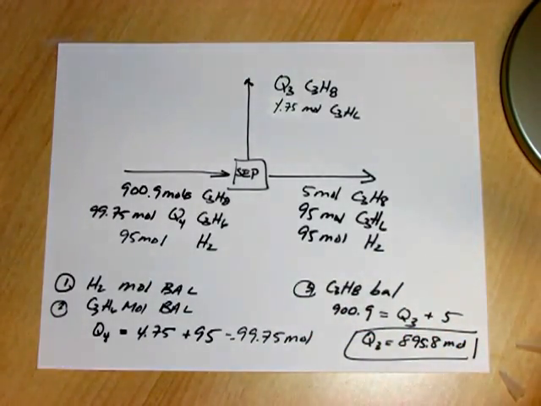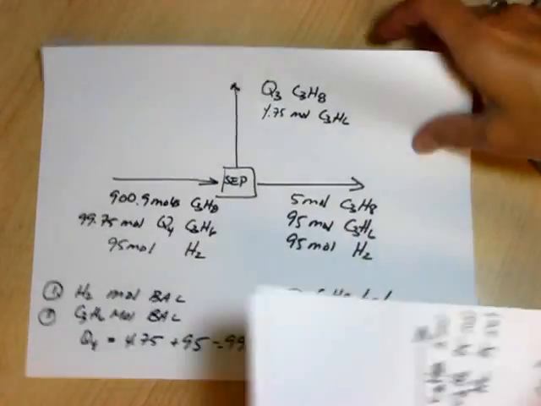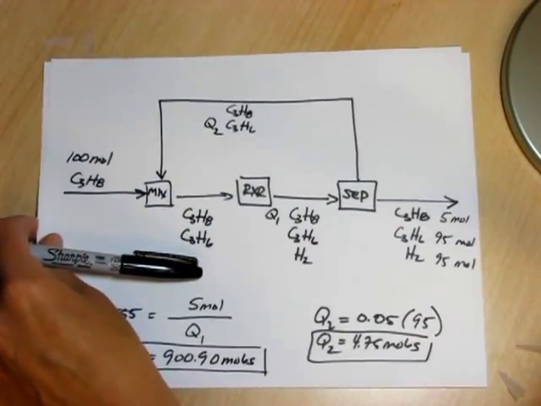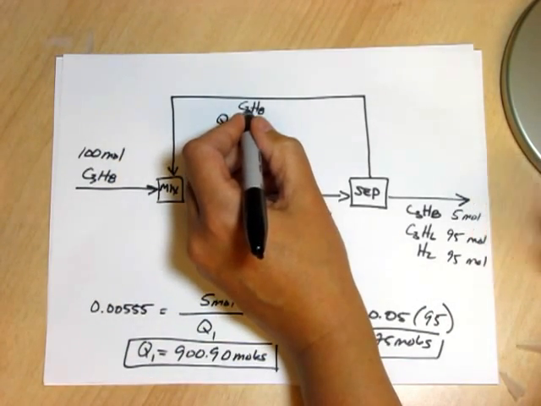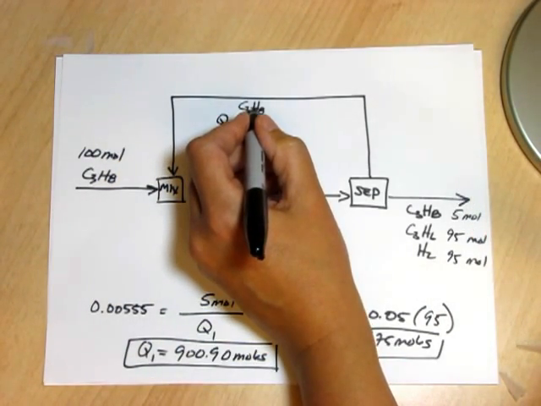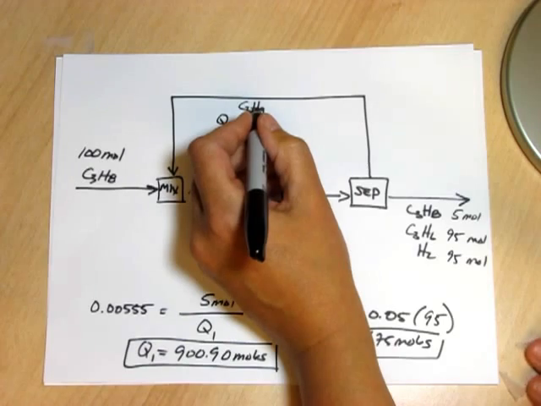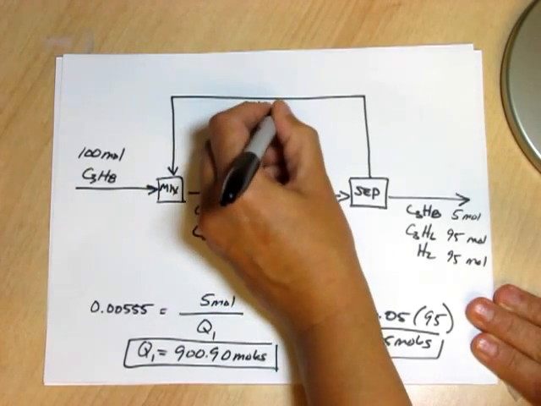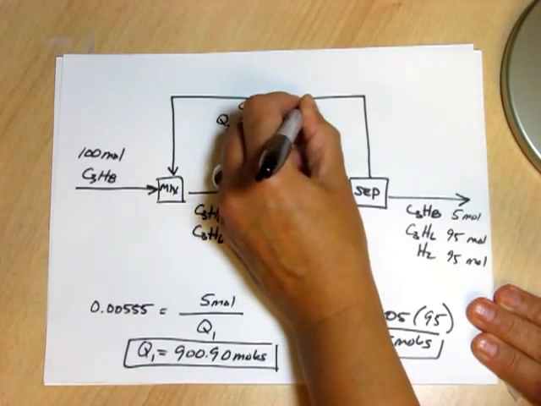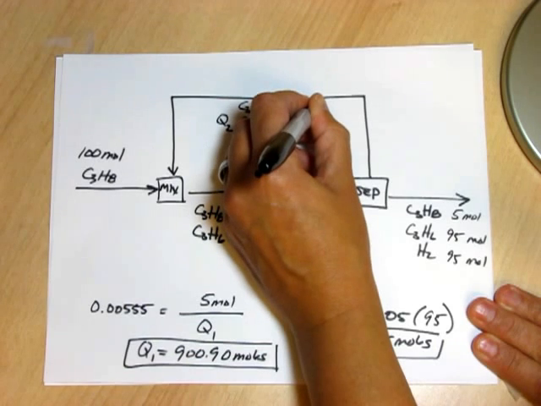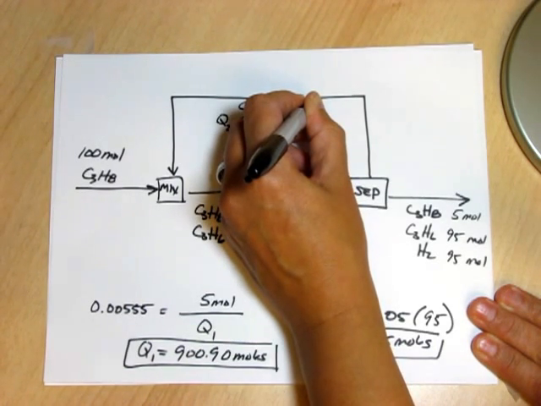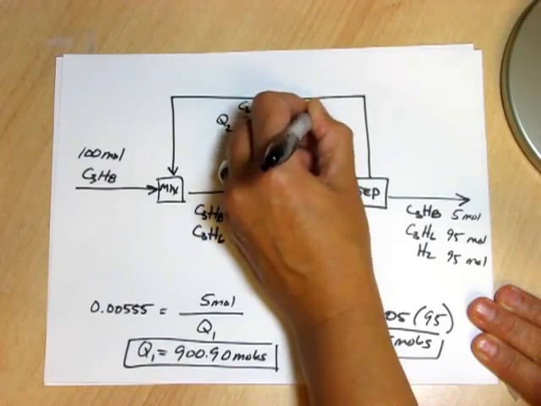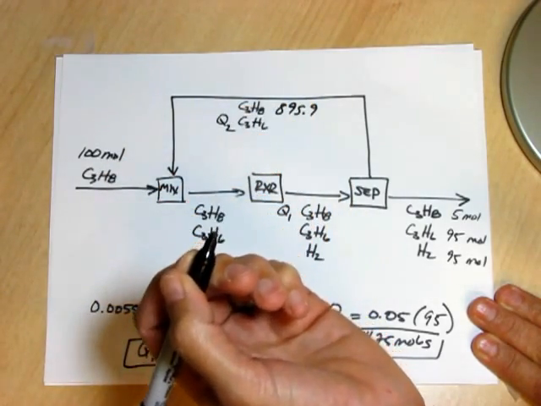So transferring these numbers back to our original flow sheet, we learned that the C3H8 stream was 895.9. Excuse me, 0.9, that's a typo on my other sheet.